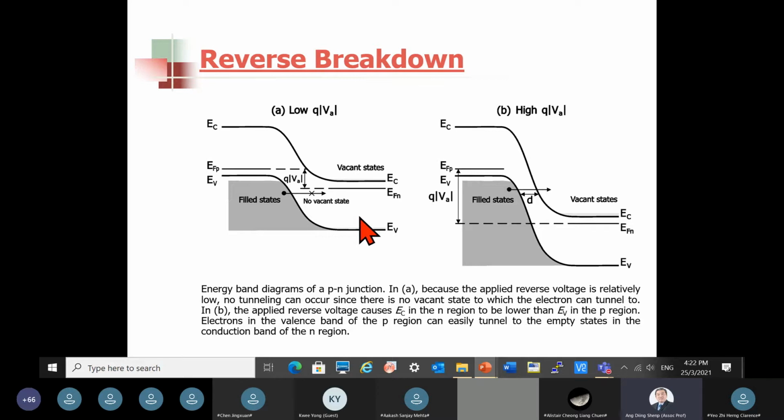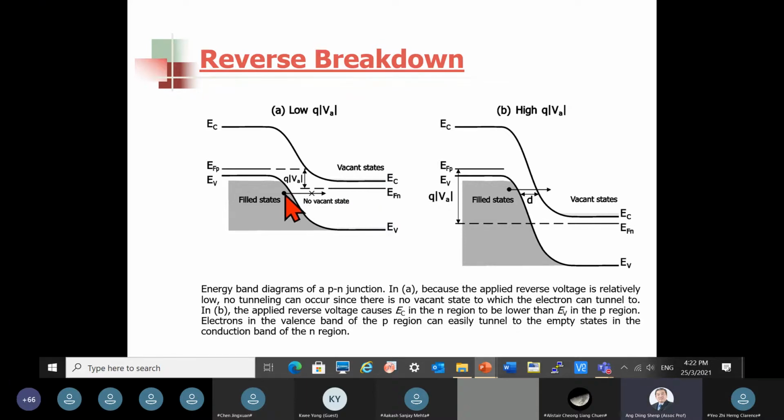So one of the three conditions is not fulfilled. Essentially, if you look carefully, the valence electrons on the P side have no energy states to tunnel to on the N side.